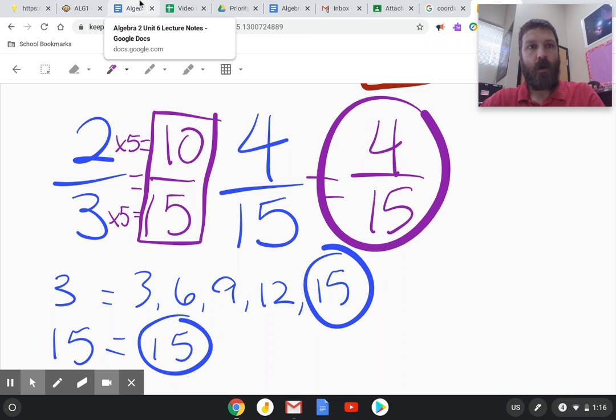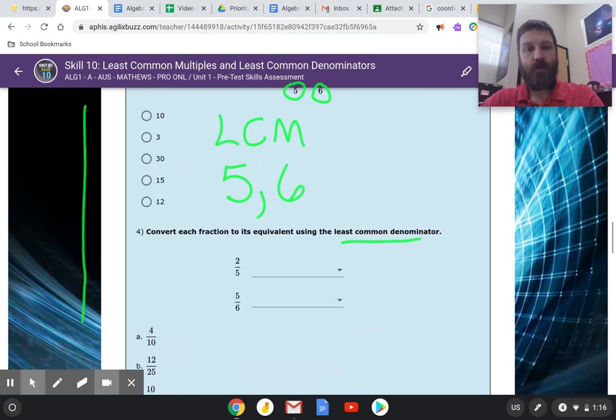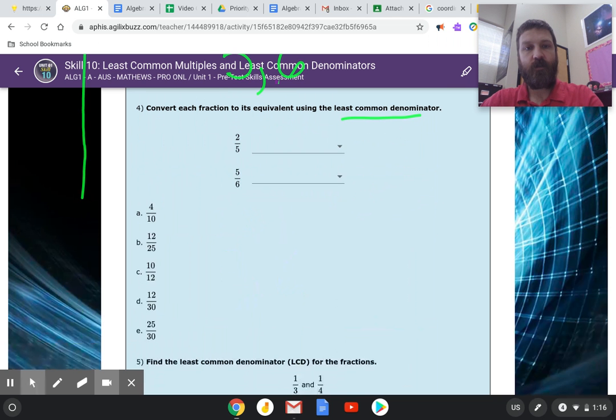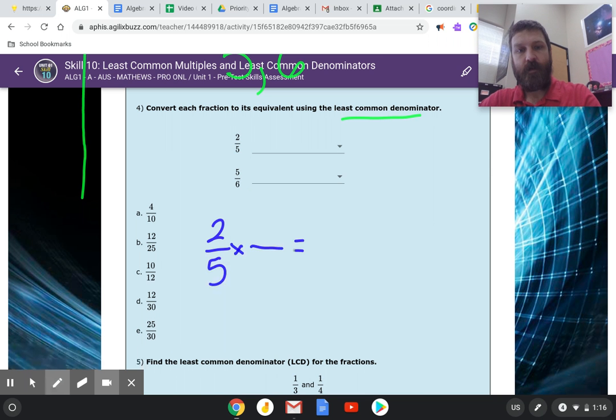So all you have to do on the problem after you find the LCM, you come down here and you say, okay, what do I multiply 5 by to get to the LCM? So whatever that is, jump over here and get a pen. If I have 2/5, I need to figure out what I multiplied by to get that LCD. Whatever I multiplied by, I need to multiply both the top and the bottom by that number.